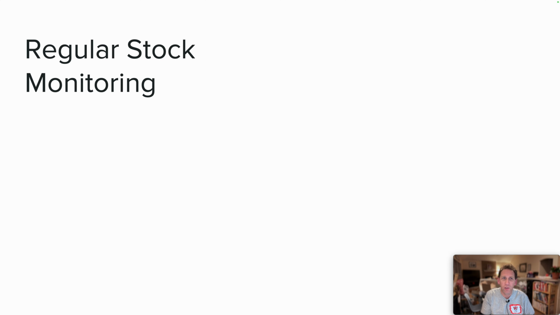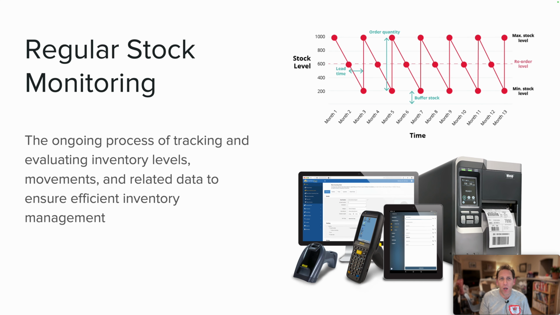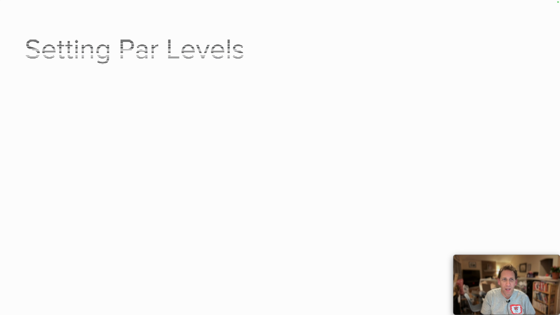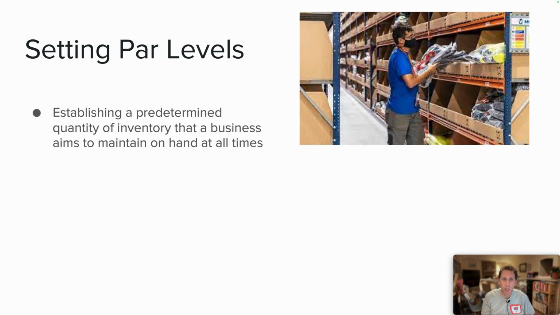Regular stock monitoring is the ongoing process of tracking and evaluating inventory levels, movements, and related data to ensure efficient inventory management. Next is setting par levels. This is where you establish a predetermined quantity of inventory that a business aims to maintain on hand at all times.